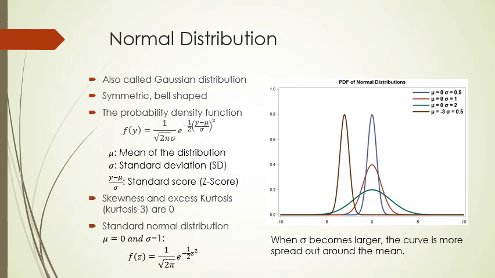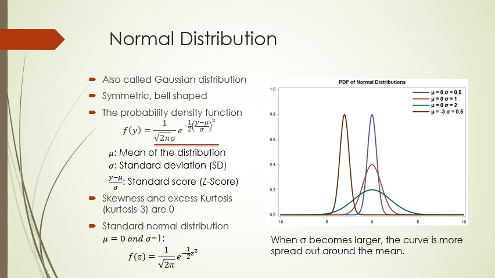Normal distribution is also called Gaussian distribution. It is symmetric and bell-shaped. The probability density function may be written as this, where mu is the mean of the distribution and sigma is the standard deviation. The variance of the distribution is sigma squared, and the term (y minus mu) divided by sigma is called the standard score or z-score.